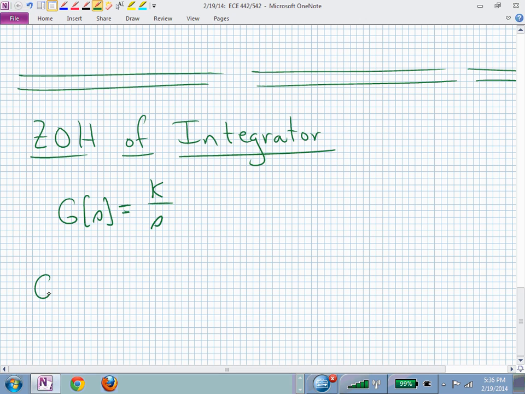And our G of Z, by definition, if it's the zero order hold equivalent, is going to be this factor 1 minus Z inverse, where Z inverse corresponds to that one sample period delay, times the Z transform of K over S divided by S, which really gives us K over S squared.